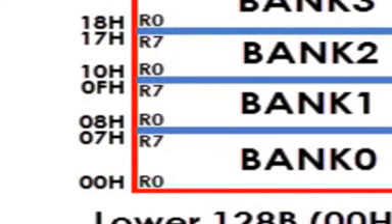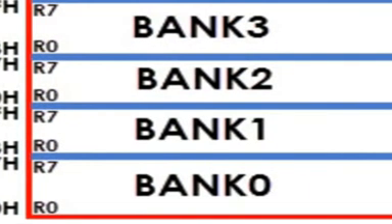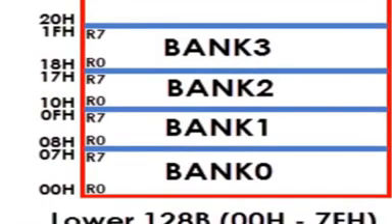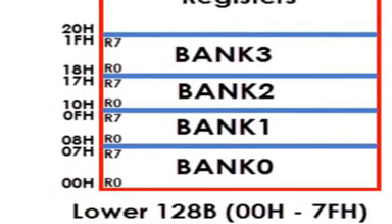If you are not using the stack pointer operations, you can use it like normal R0 to R7 bank 1 registers to store any values. And all the 4 banks can't be used at a time. Simultaneously you can't use all these 4 banks of the internal RAM. You can use one bank at a time.